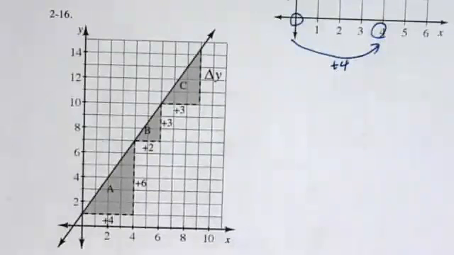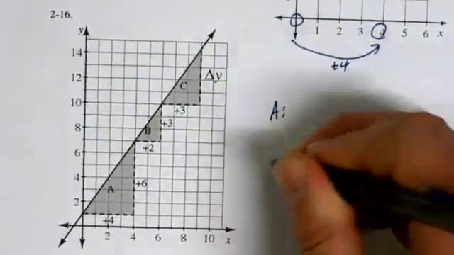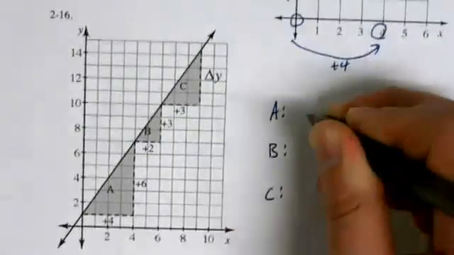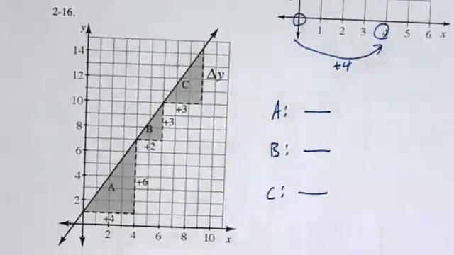Look at 16. And I would like you to find me 3 different slopes, one for A, one for B, and one for C. So this time I'm not going to write change in y over change in x each time. We'll just go ahead and put some numbers in there.